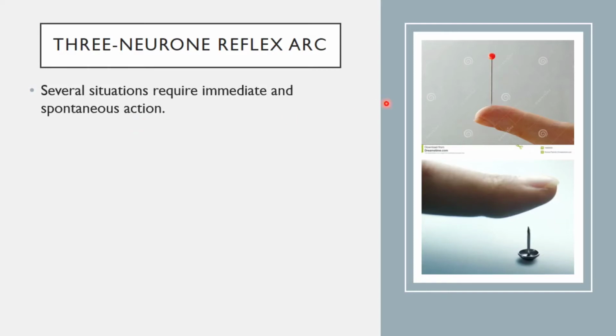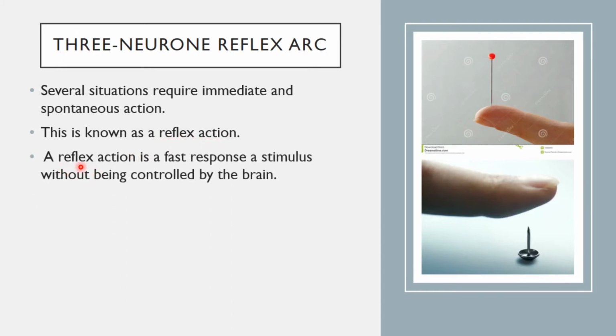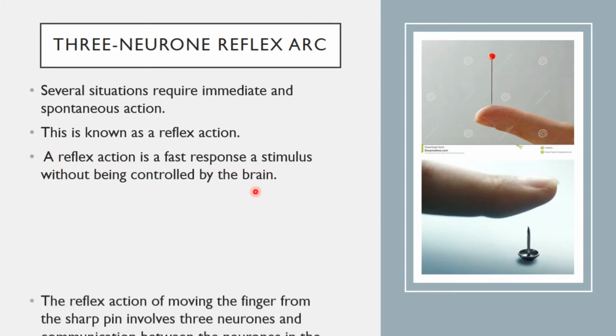For example, if you accidentally prick your finger on a sharp pin, you will move your finger immediately without much thought. This action is known as reflex action. A reflex action is a fast response to stimulus without being controlled by the brain.